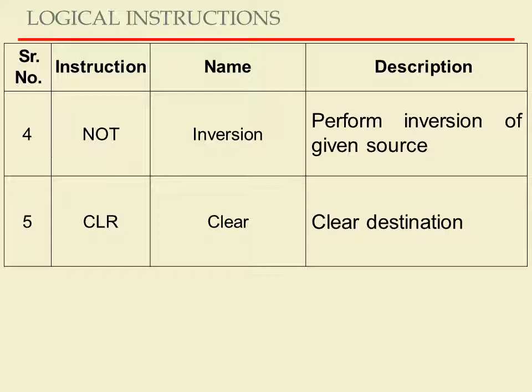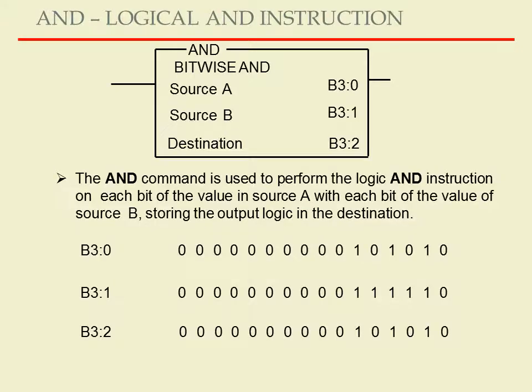Let us see the instructions one by one. The first is AND logical instruction. It is called as bitwise AND instruction. See, here there are two sources, source A and source B, and the source A file is B3:0 and source B is B3:1, while the destination is B3:2.